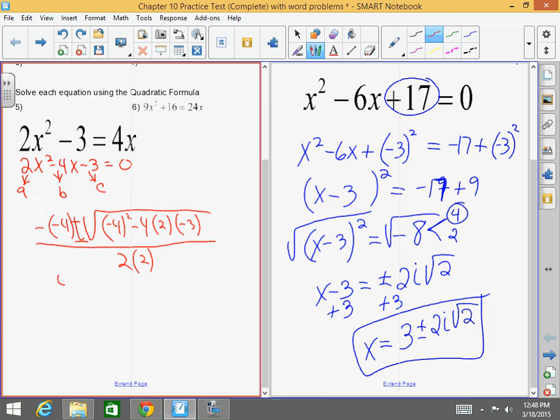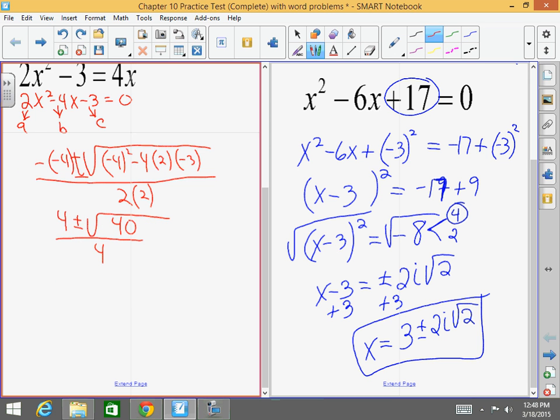This gives you 4 plus or minus. You've got 16 because negative 4 squared is 16. Negative 4 times 2 is negative 8. Negative 8 times 3 is 24. 24 plus 16 is 40 over 4. This 40 breaks down into 4 times 10. Square root of 4 is 2. So this is 4 plus or minus 2 square root of 10 over 4.